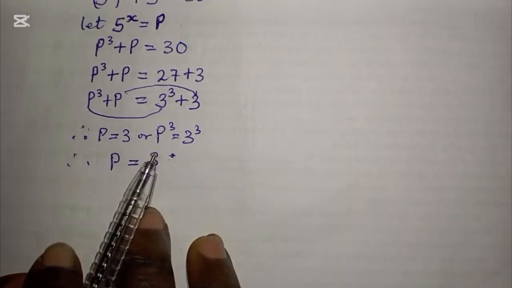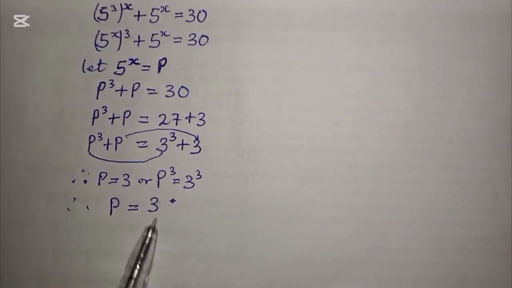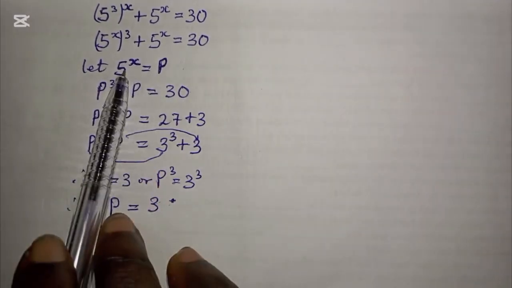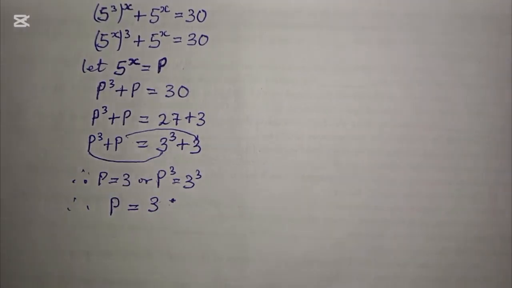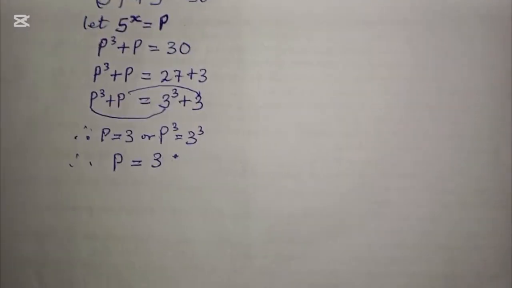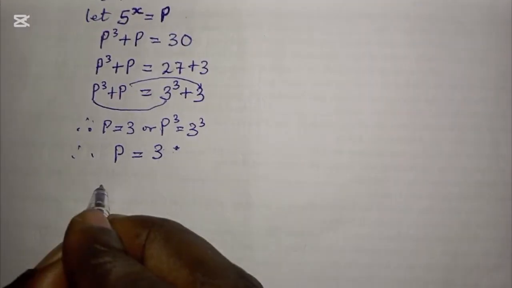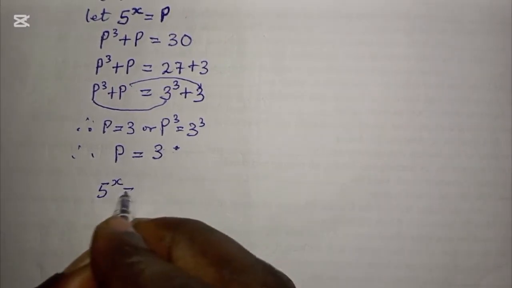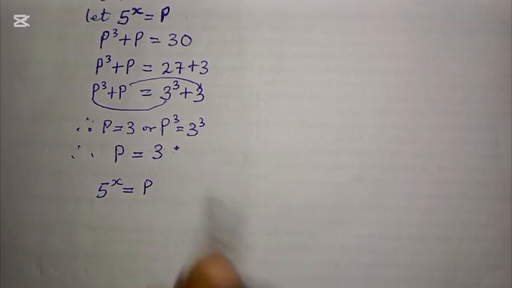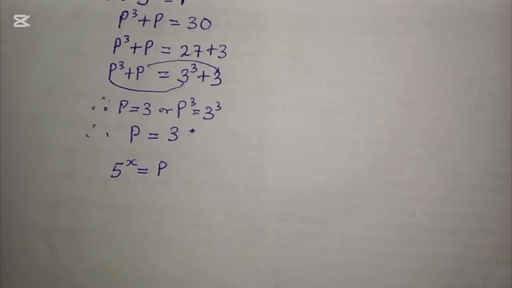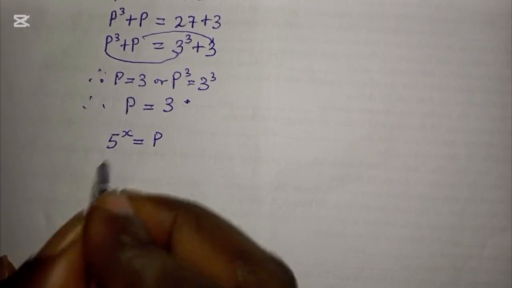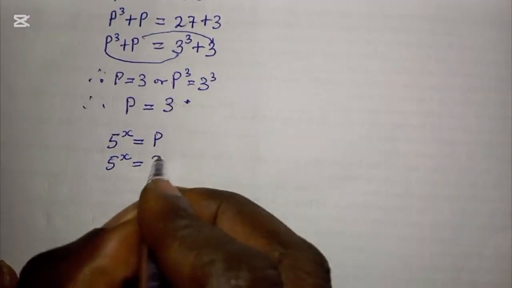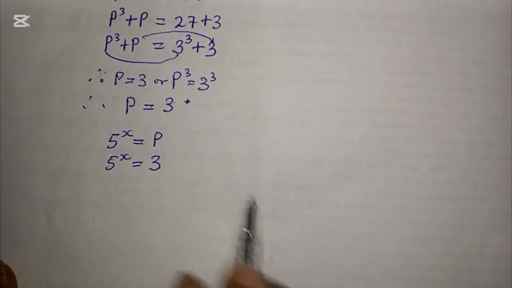But recall that we said our p is equal to 5 raised to the power of x. So we go back to that. We now say 5 raised to the power of x equals p, which is the same thing as 5 raised to the power of x equals 3. What do we do here?